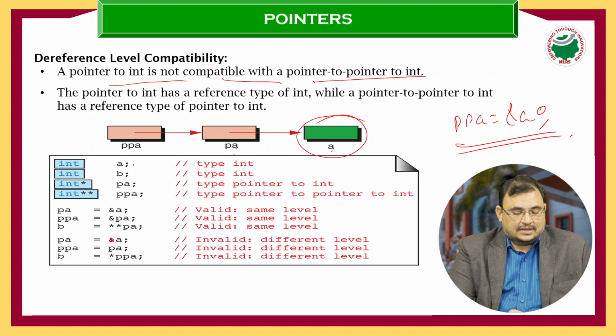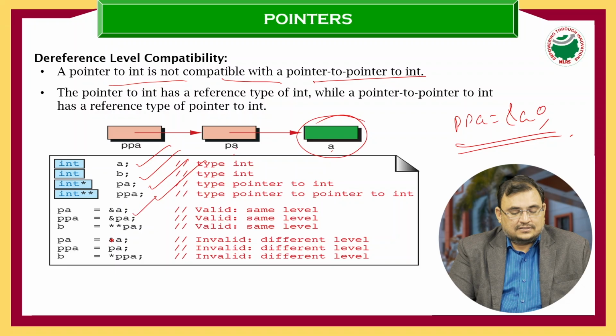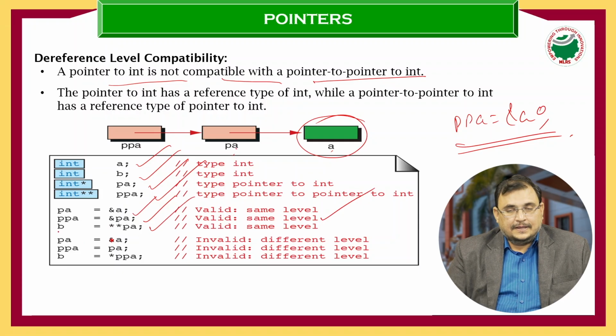As an example, consider a is an integer, b is also an integer, then an integer pointer, and a pointer to pointer. Here the address of the integer variable is assigned to a pointer, which is accepted. Here also the address of p is assigned to a pointer to pointer; a pointer's address can be stored in a pointer to pointer, which is also valid. And here star star p, the value pointed to, can be stored in b. b is a normal variable, so it is also valid.